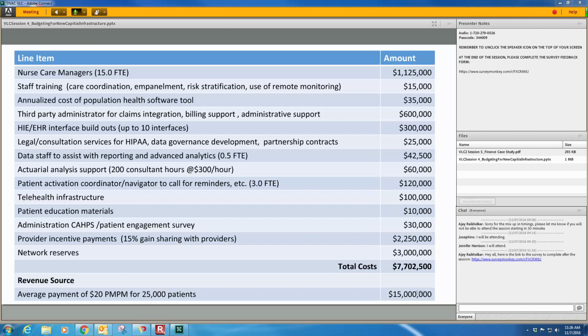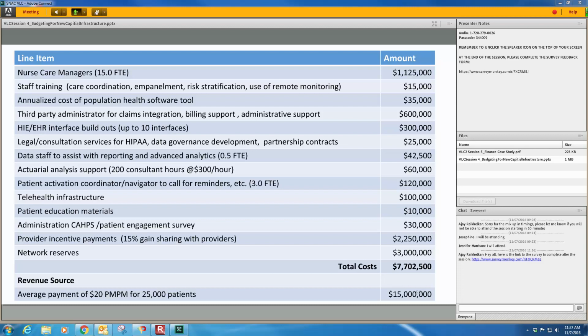We've also included a third-party administrator to assist this network with things like claims integration and billing support and potentially administrative services. So you see the line item set up there. Under this model, it's going to be important that there are functioning health information exchange interfaces, and we've made some assumptions about what it might cost to get 10 provider practices properly aligned with that.